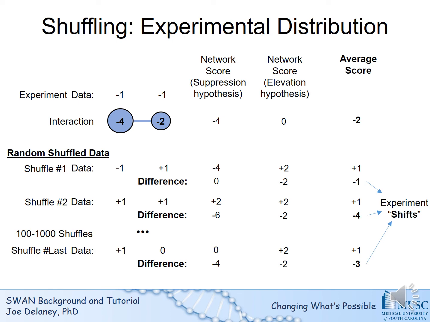Depending on how those are shuffled around, we still get those suppression hypothesis, elevation hypothesis, and the average score for each individual shuffle. And we can do between 100 to 1,000 different shuffles for the data. And each of these arrive at the SWAN stands for Shifted Weighted Annotation Network, right? So these are individual shifts of the shuffled data.